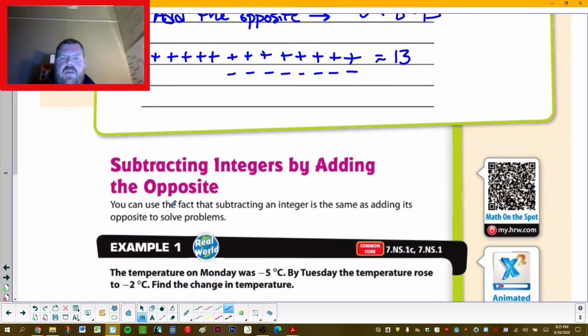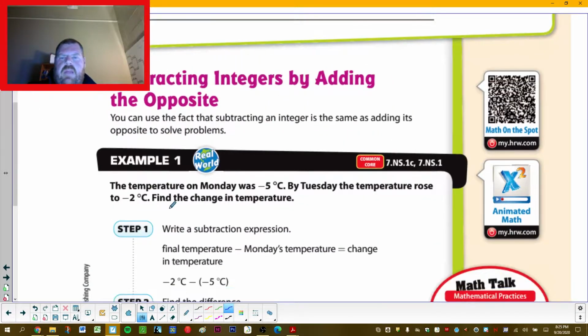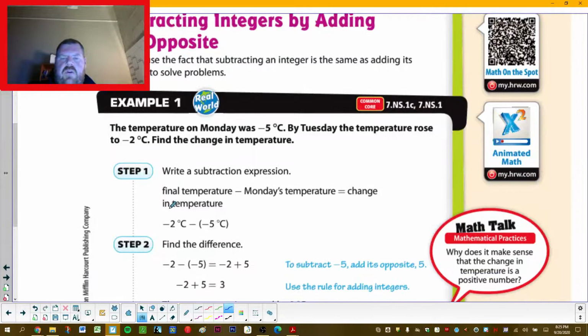Why not? All right. Looking at an example that's done for us using temperature. It says the temperature on Monday was negative 5 degrees Celsius. By Tuesday, the temperature rose to negative 2 degrees Celsius, and we want to find the change in temperature.